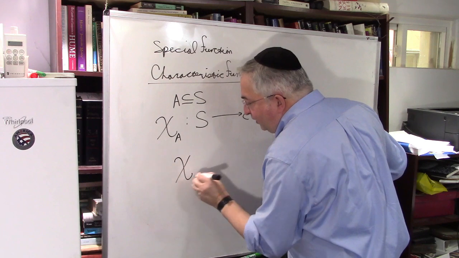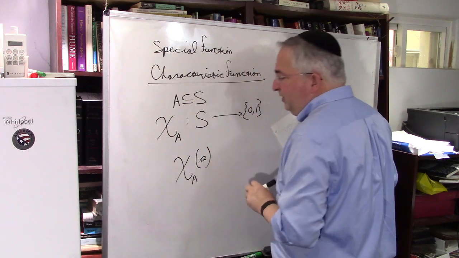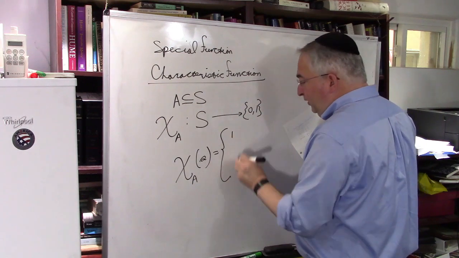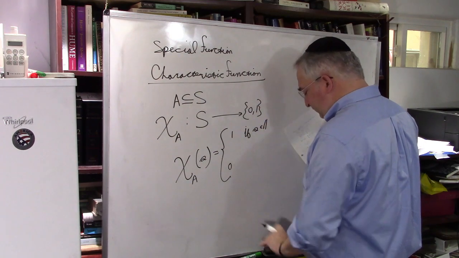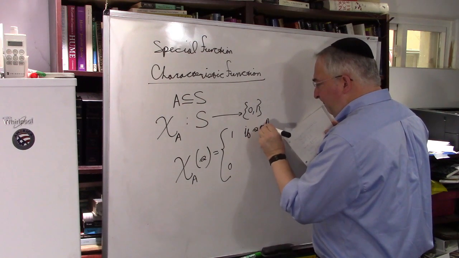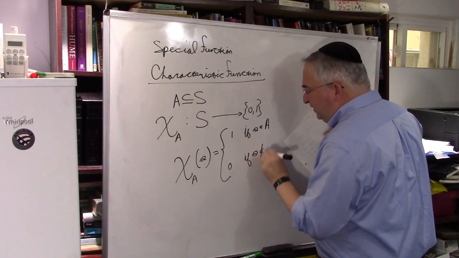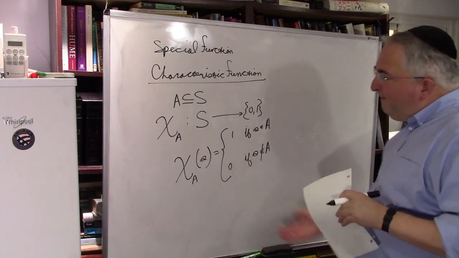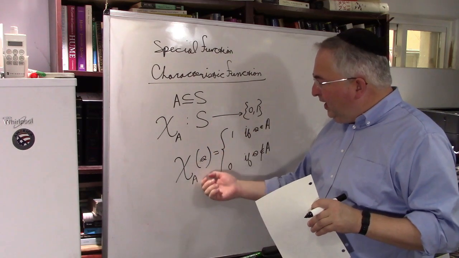Okay, so let me describe to you how this function works. The characteristic function of A takes as an input a little element S, and it outputs either 1 or 0: 1 for S in A, and 0 if S is not in A. So this function tells you which of the elements are in A and which of them are not.